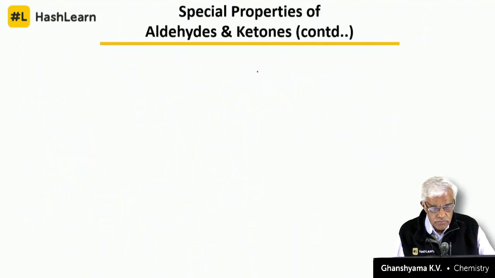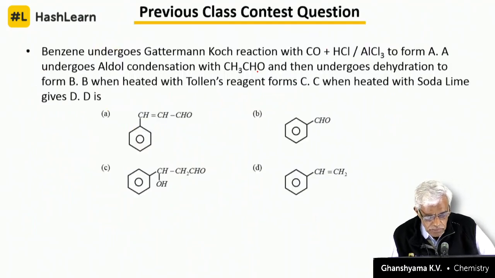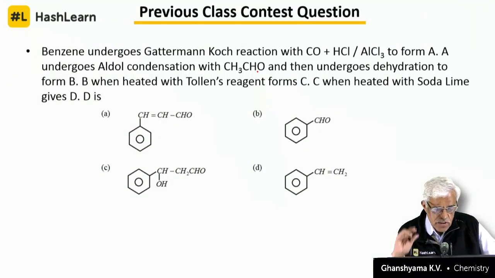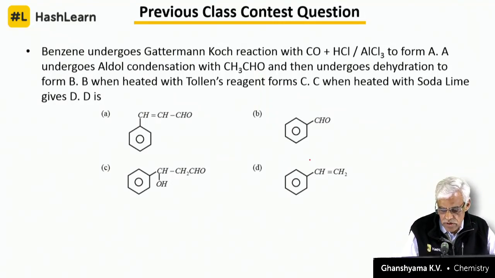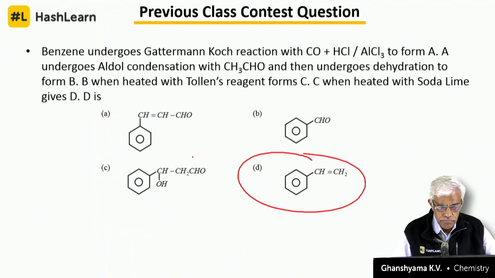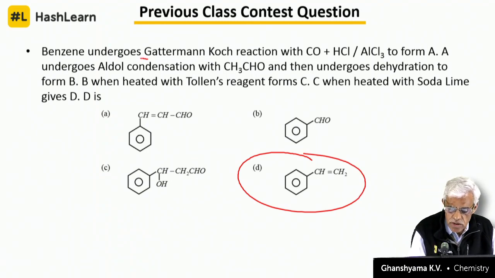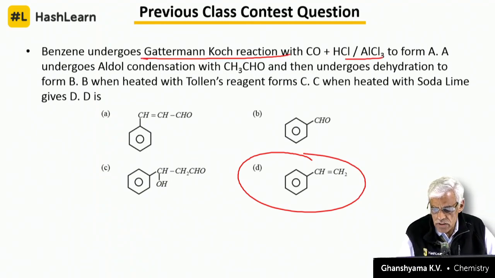Now, previous class contest question. The answer is D. Benzene undergoes Gattermann-Koch reaction with carbon monoxide and this, it gives benzaldehyde.